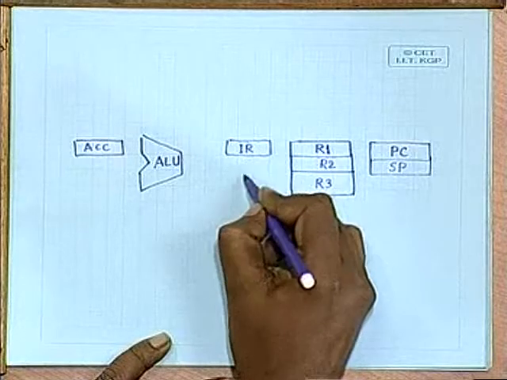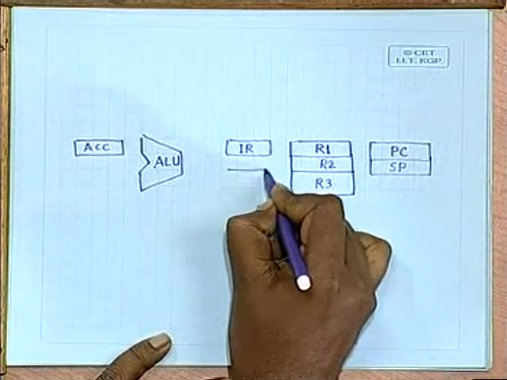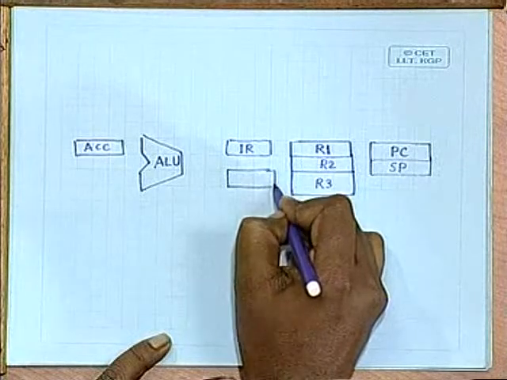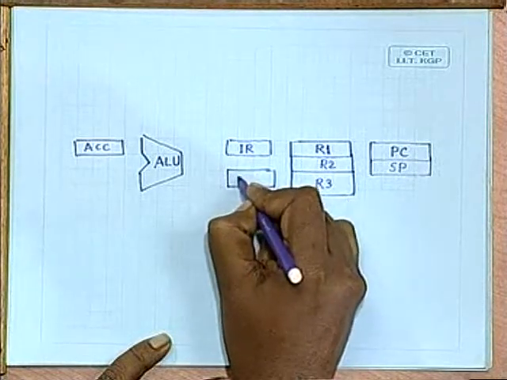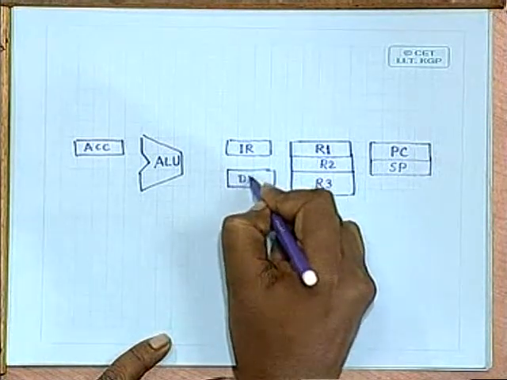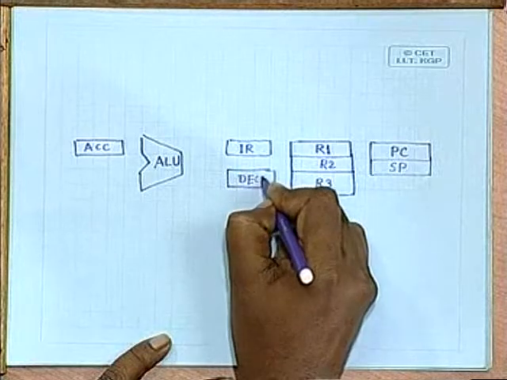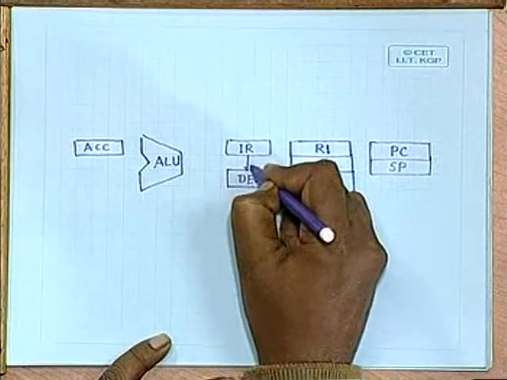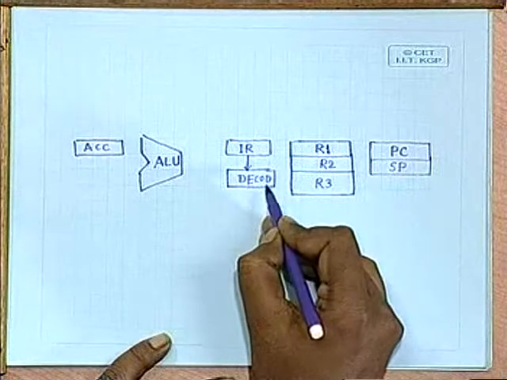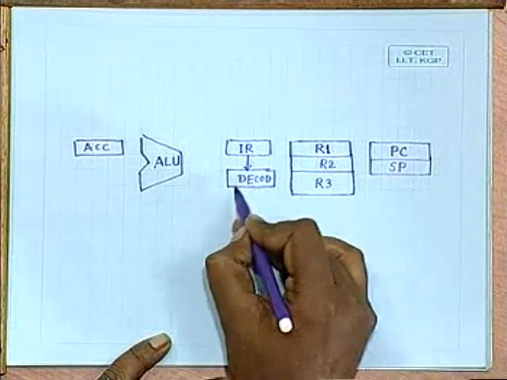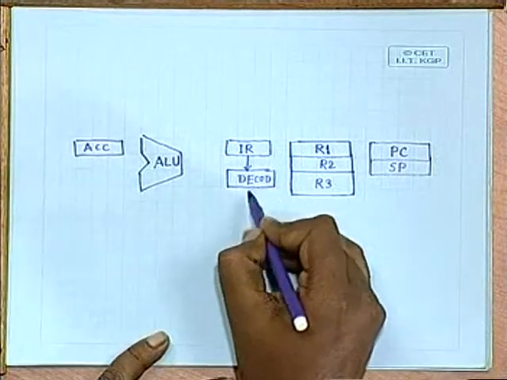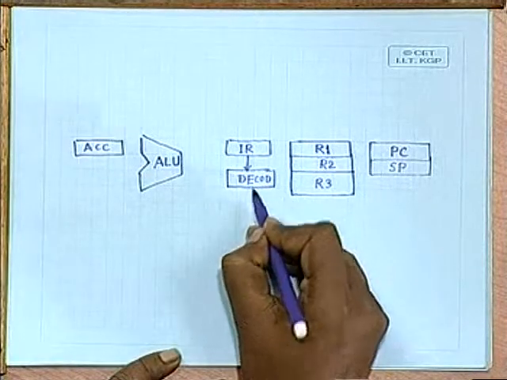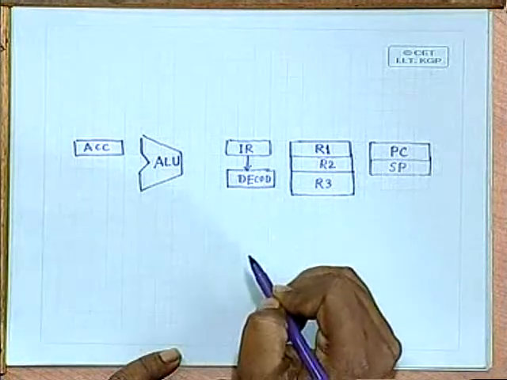From this instruction register, the instruction code goes to what is called an instruction decoder. The instruction decoder decodes the instruction, and only after decoding does the CPU know what this instruction is supposed to do.